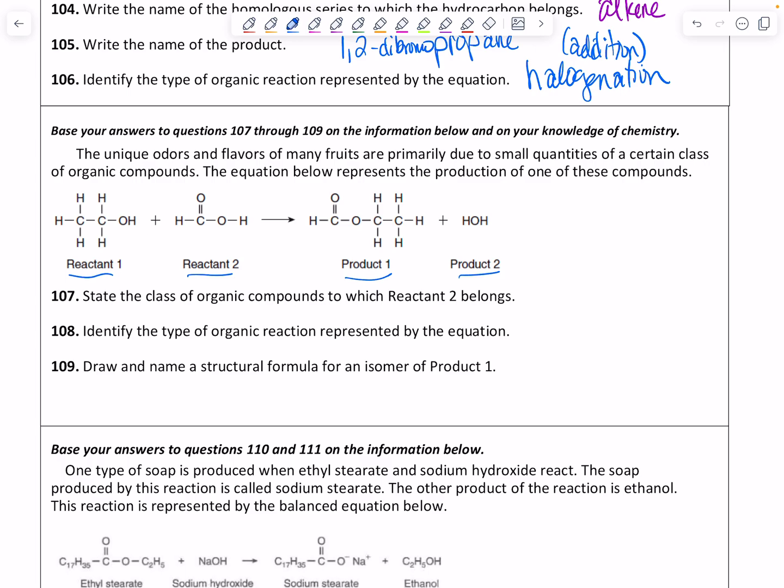So it has to be something that has this same molecular formula, but a different structural formula. So the easiest thing to do first would be to just shift the oxygens over onto the second carbon instead of the first. And so I could do that by having C, and then my O's would be coming off of there.